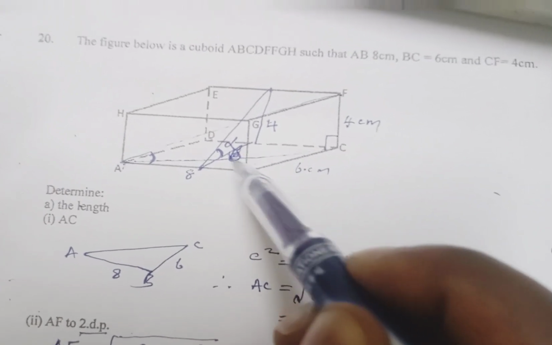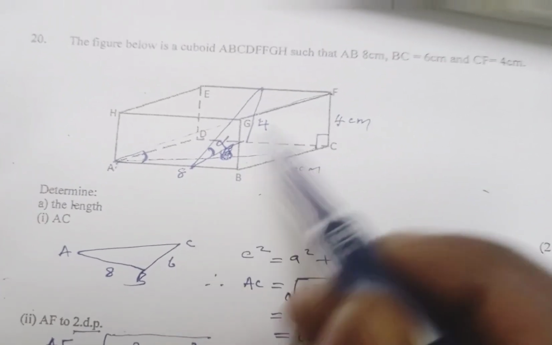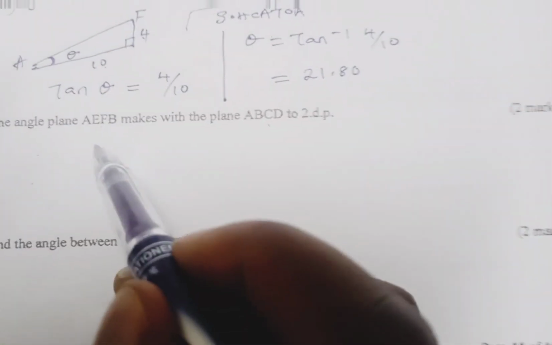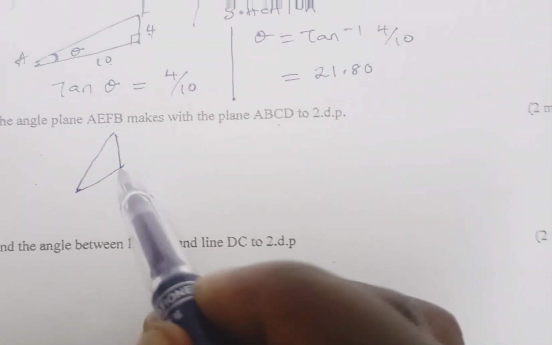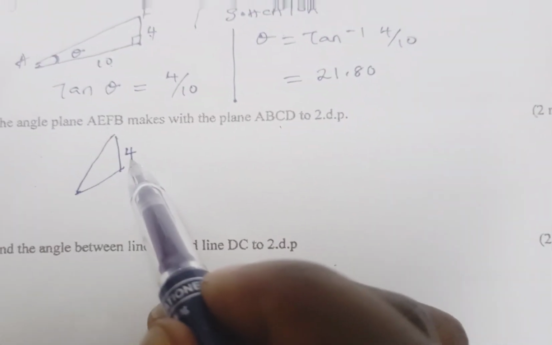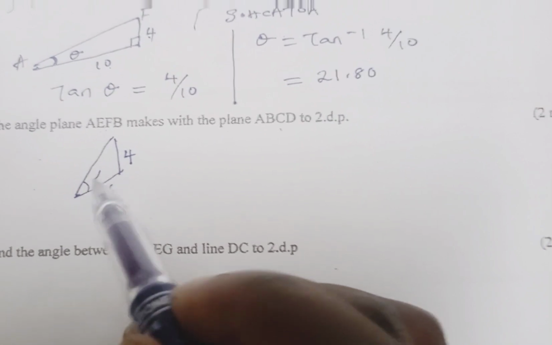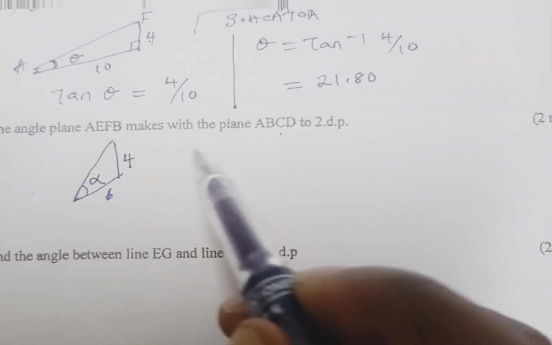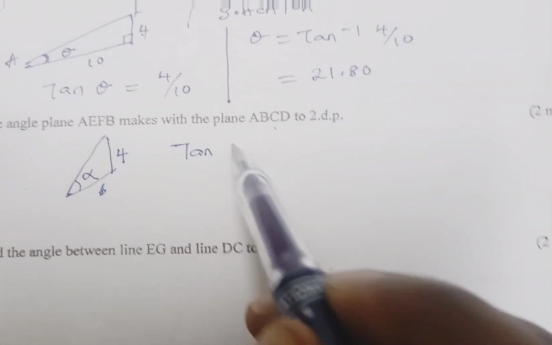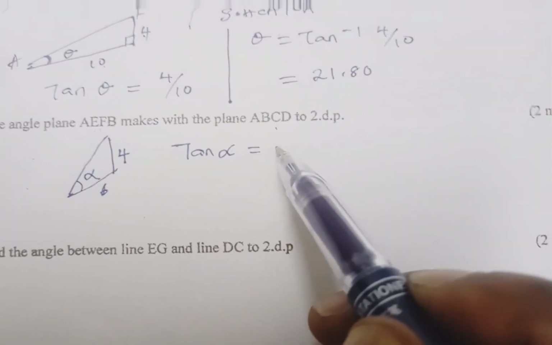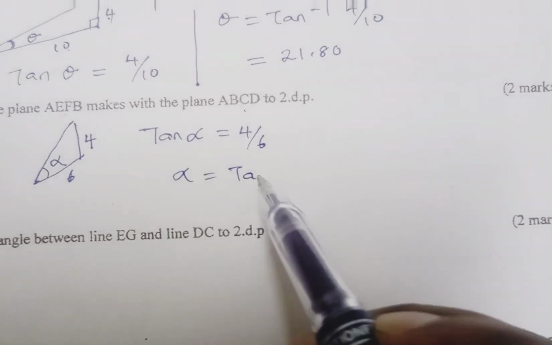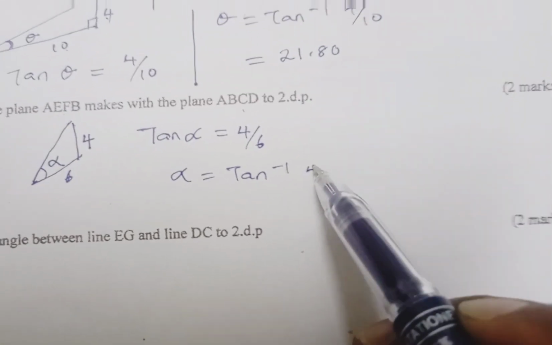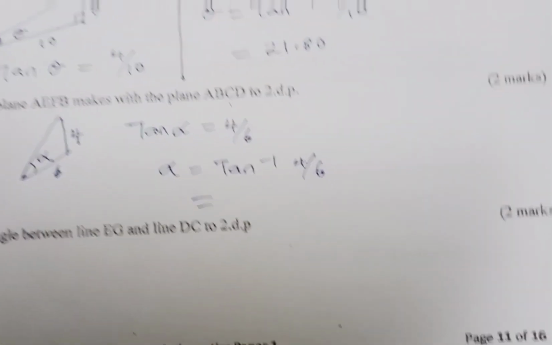So again, we call that angle phi. Again we use tan, considering that triangle, we have 4, we have the 6. So we say tan phi is equals to 4 over 6, and therefore phi is equals to tan inverse 4 over 6.